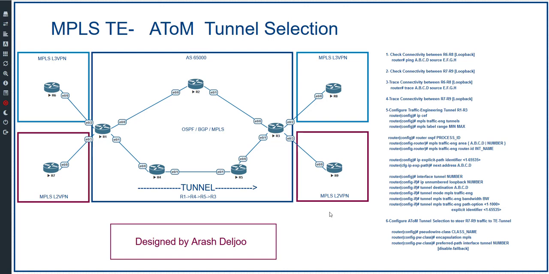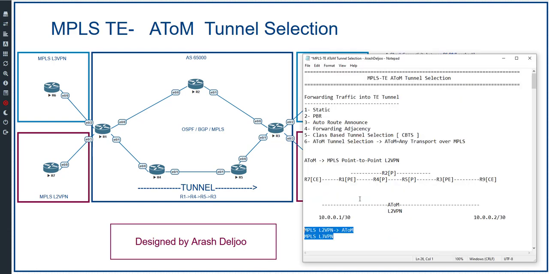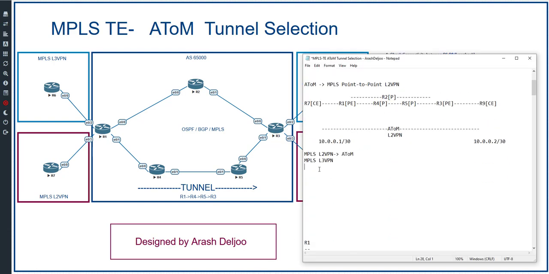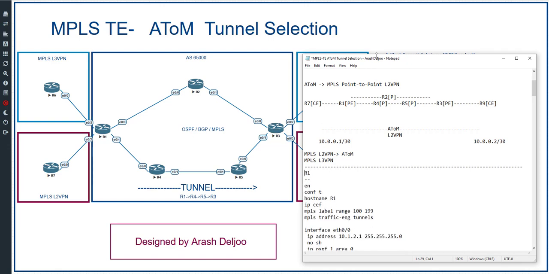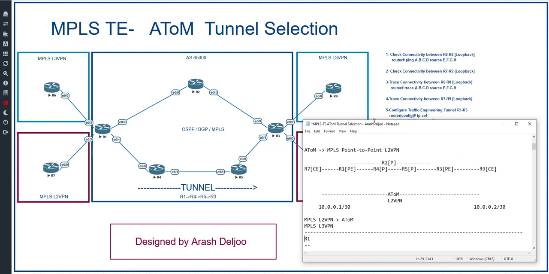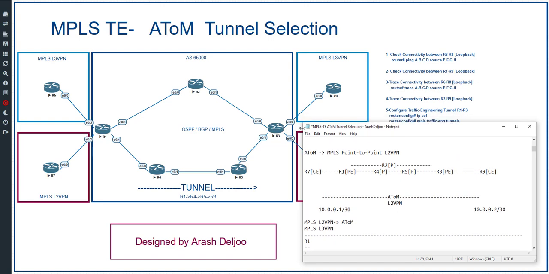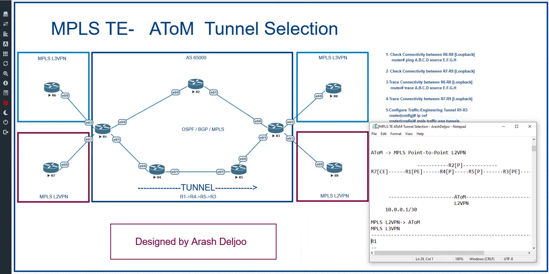And finally we will talk about the any transport over MPLS. Here I have a notepad file, but in the notepad file we need to configure many features. Step by step I will configure the routers in this scenario, and finally we will have the correct configuration. This is a good scenario for better understanding the functions that we need in a service provider.